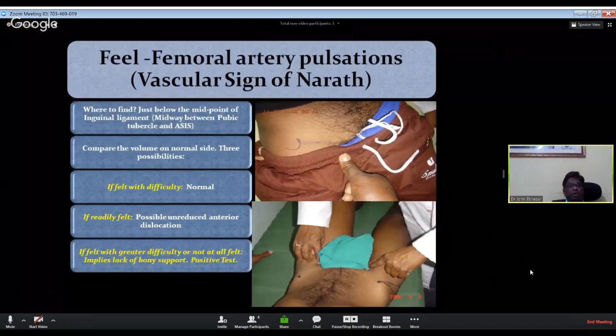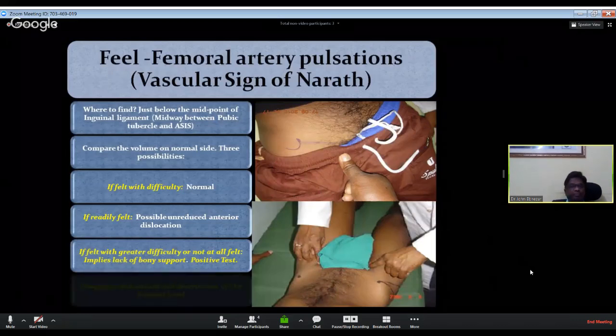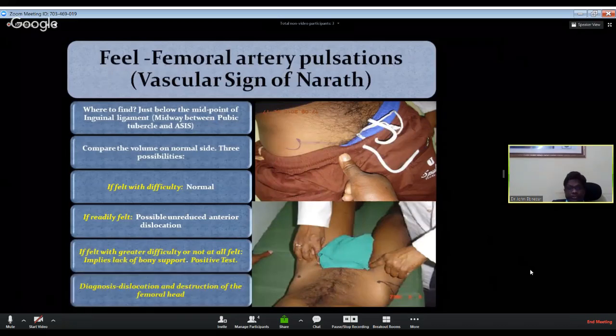If felt with greater difficulty or not at all felt, this is when you say the test is positive, and the diagnosis could be unreduced posterior dislocation or destruction of the femoral head. So it's clear with you. What is the vascular sign of Narath?